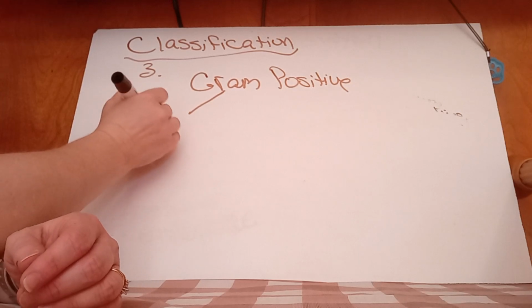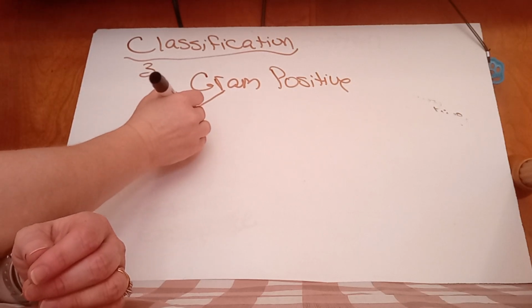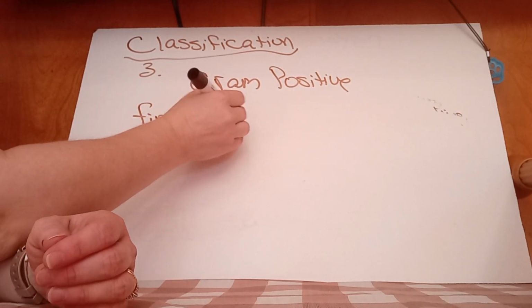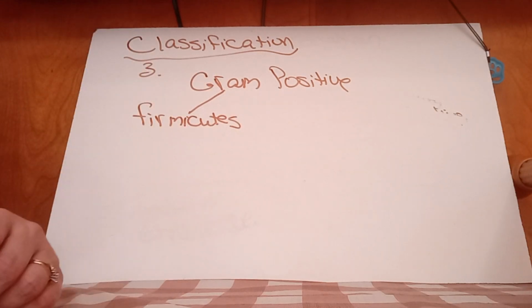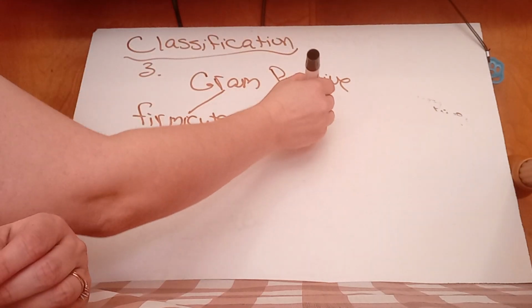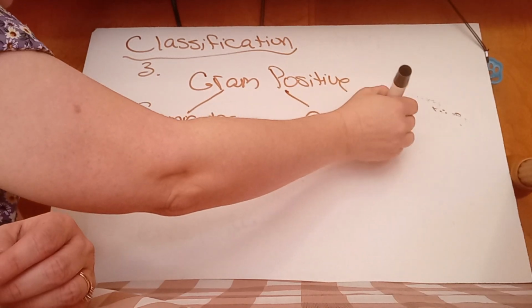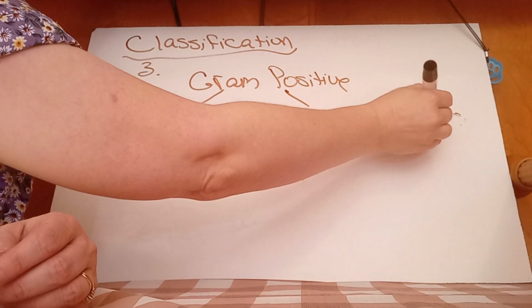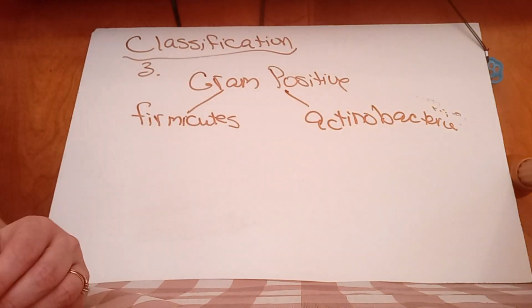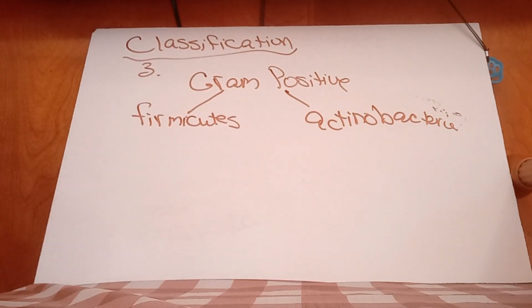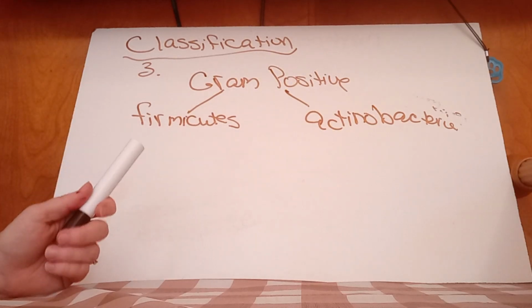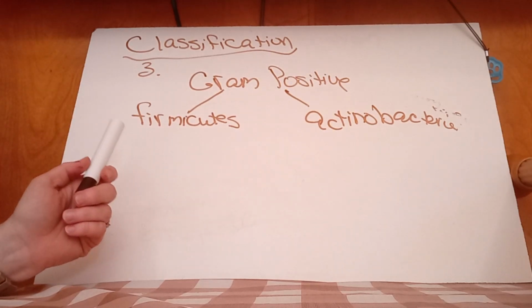And so this is the firmicutes. And so we have firmicutes and actinobacteria. Firmicutes have low cytosine and guanine. Remember when we make DNA, we need cytosine and guanine? They have low cytosine and guanine.